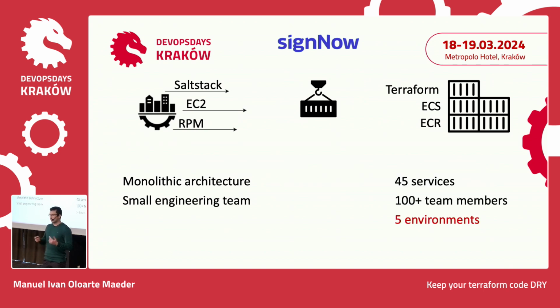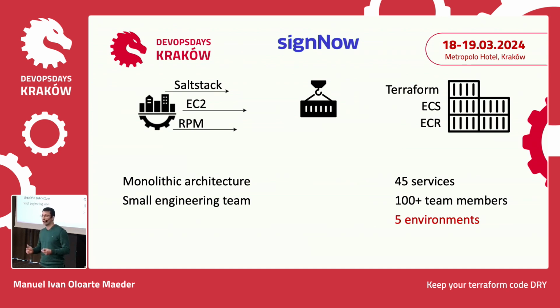So in the end, after this transition, we were able to record around 45 services. These 45 services consisted of one application, multiple scheduled tasks, and multiple worker units.